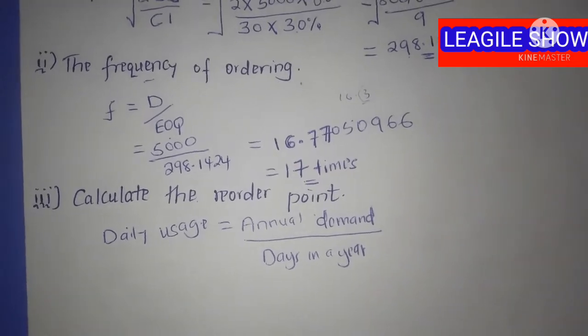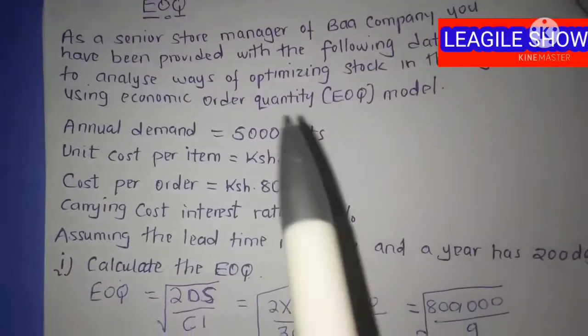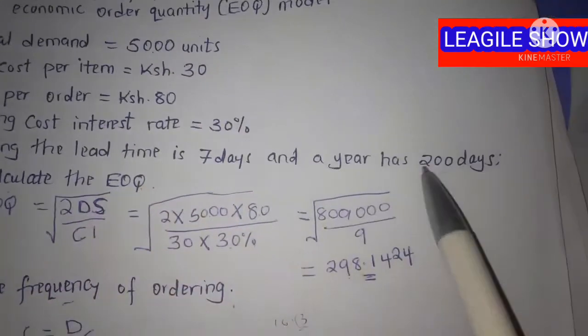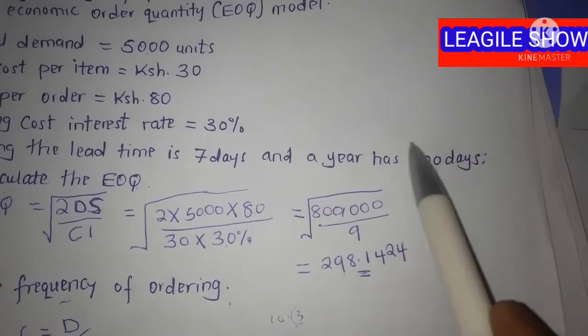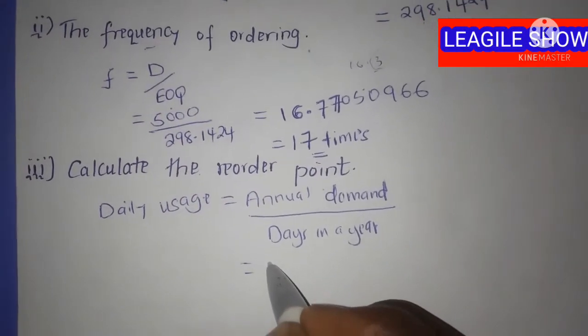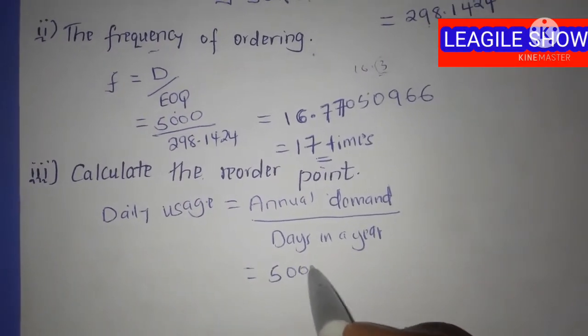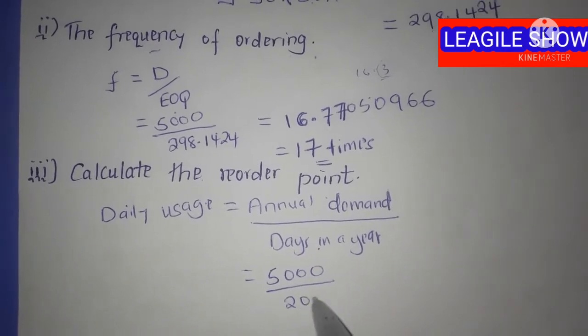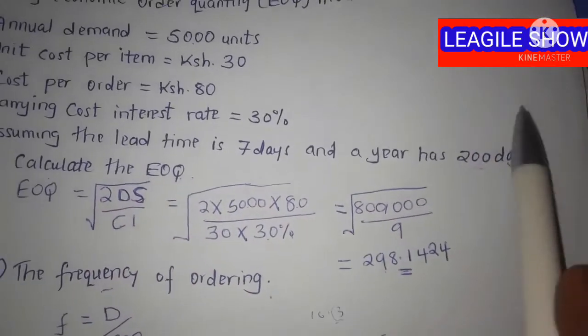Back to our question, our annual demand was 5,000 and the days in a year was 200.